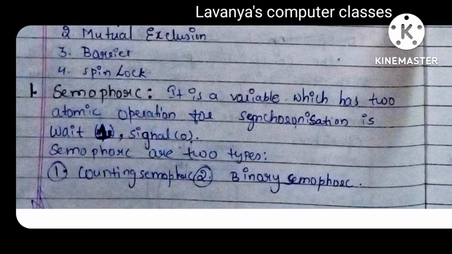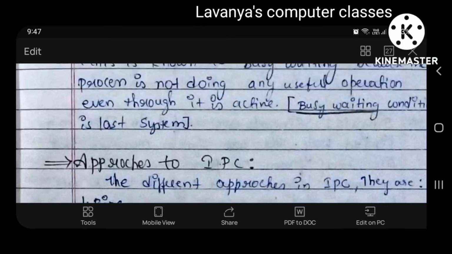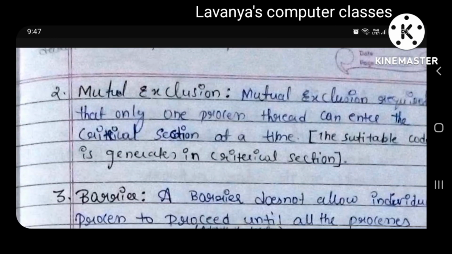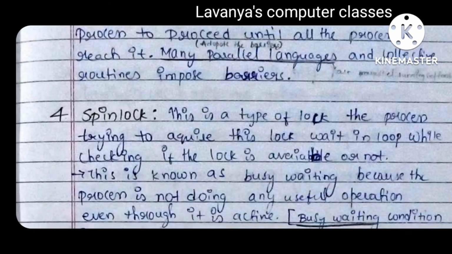Semaphores also I have done one video that is also there in my playlist. Check it once. And these are the mutual exclusion, barrier, spin lock.